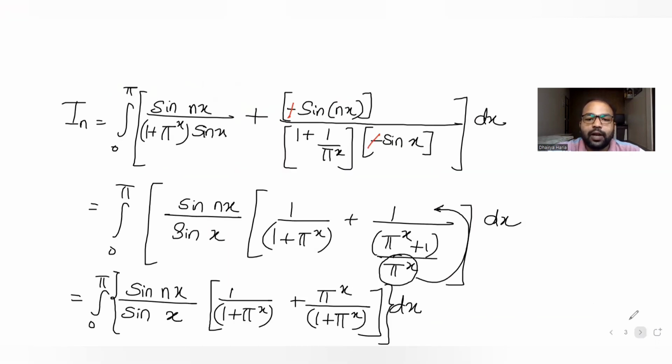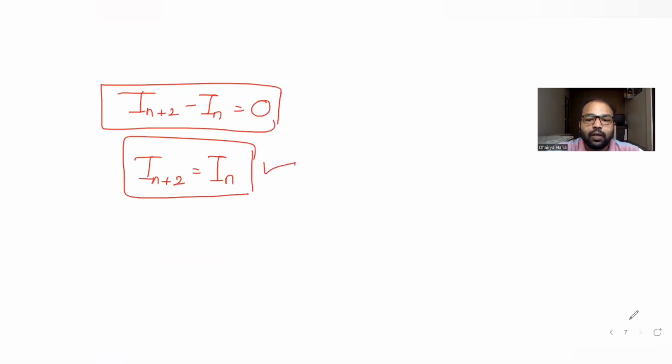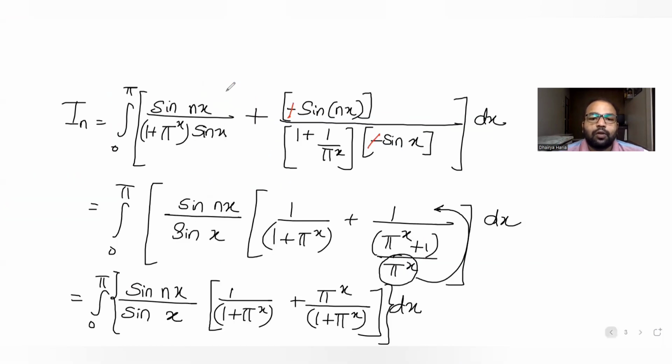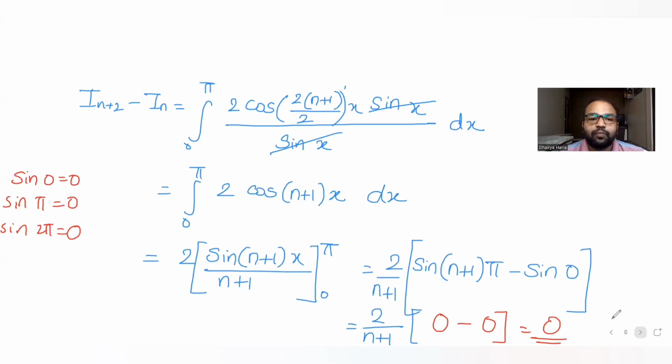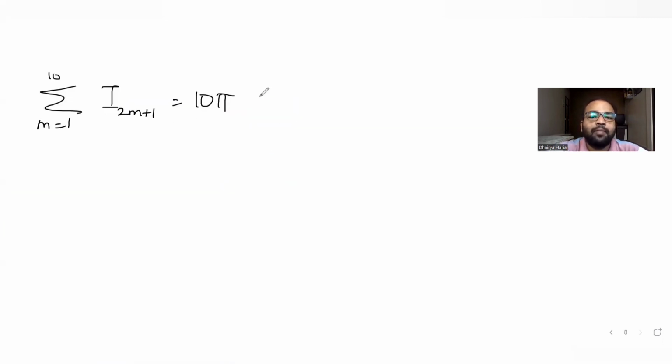Now let's see the other options. The second option says the summation from m equals 1 to 10 of I_(2m+1) is equal to 10 pi. If you put m as 1 here, it becomes I_3.